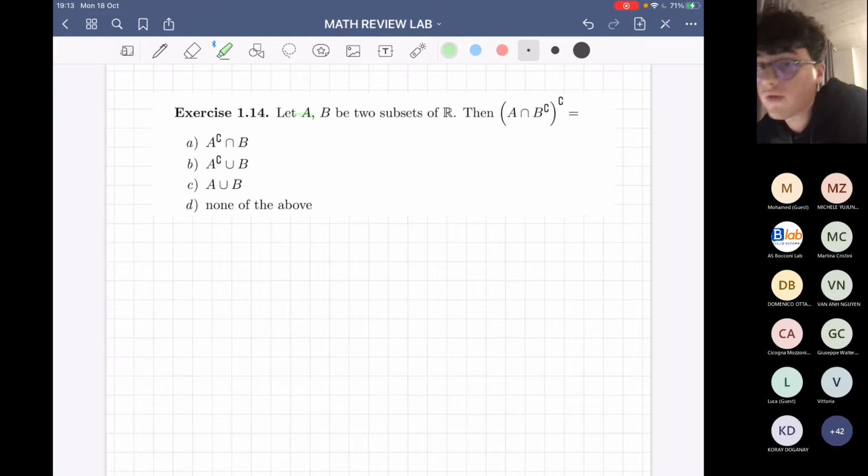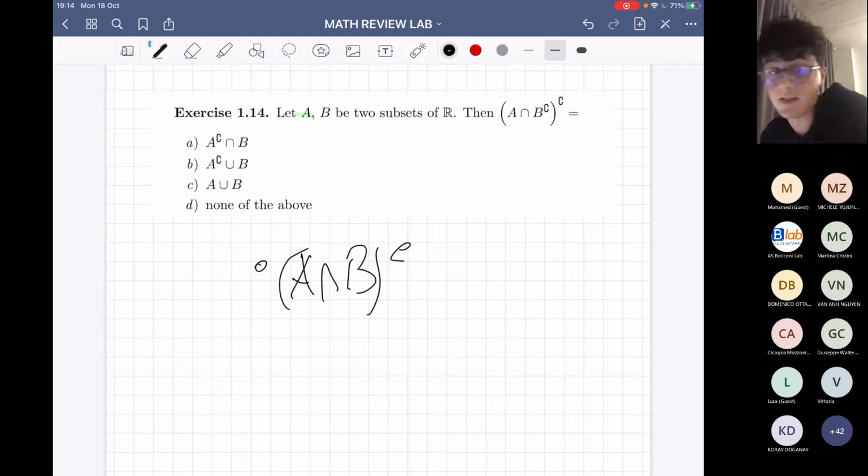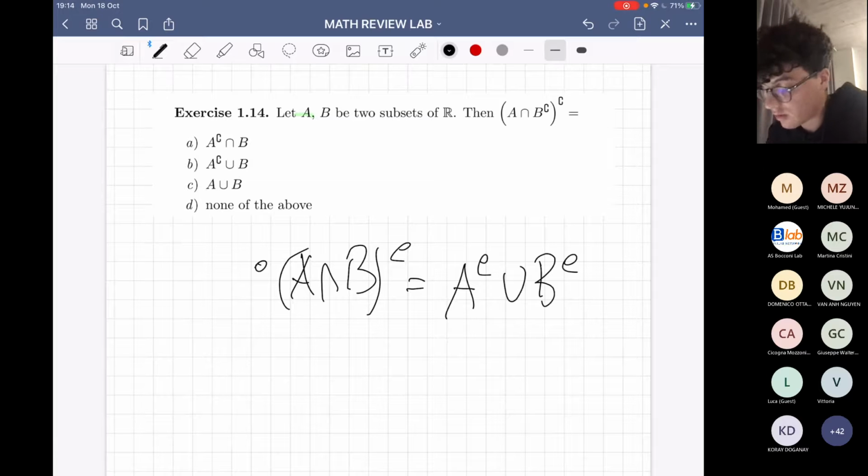Okay, and I will go on to the second exercise, which is about De Morgan's laws. First of all, we know that De Morgan's laws say that the complement of A intersection B, so we take two sets and the complement of the intersection of the two sets, is equal to A complement union B complement, as we all know.